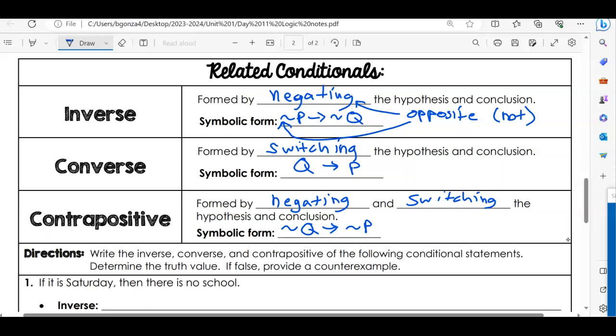Look. For inverse, everybody look. I'm not switching, okay?